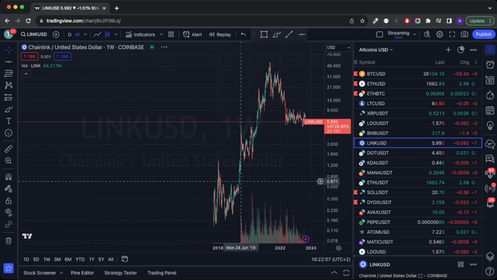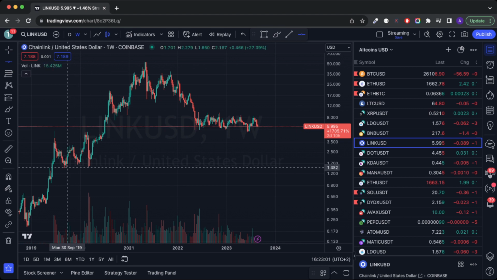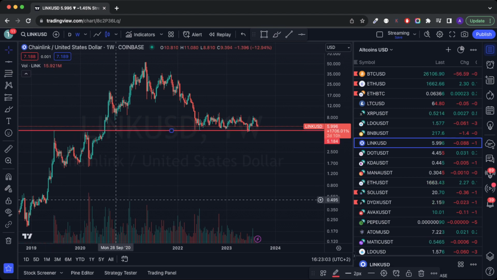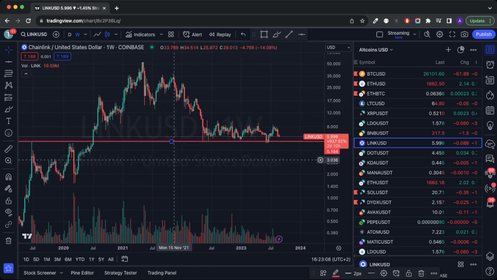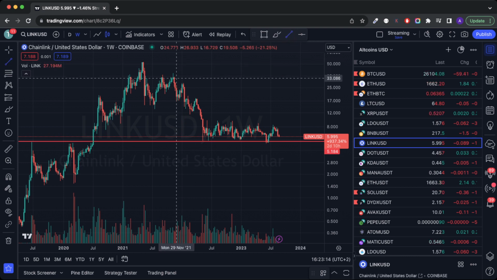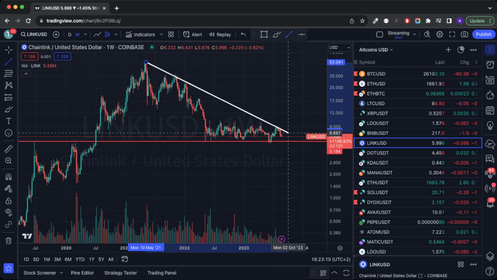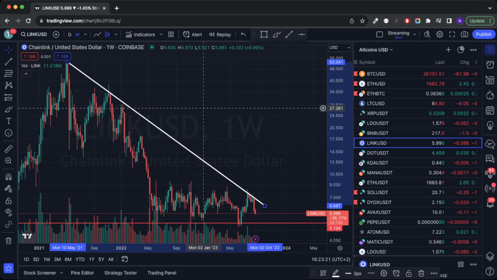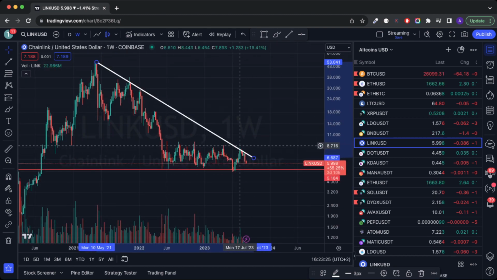Chainlink. This has been hugging the support for a very long time. At this point, I thought, okay, we are breaking the trend now. This might go somewhere. I think no, we just touched it, but it didn't materialize. So this was like the last ditch, and now I really don't like it.